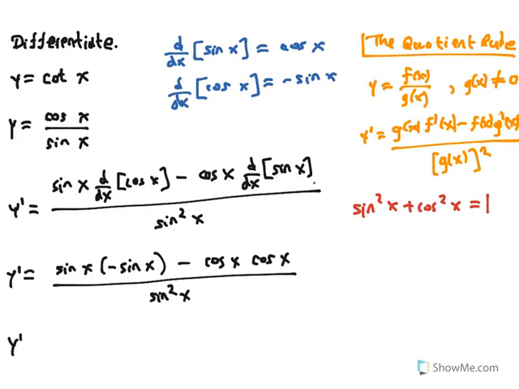So now I have y prime is equal to, in the numerator, sine x times negative sine x, which is negative sine squared x, and then minus cosine squared x, over sine squared x.